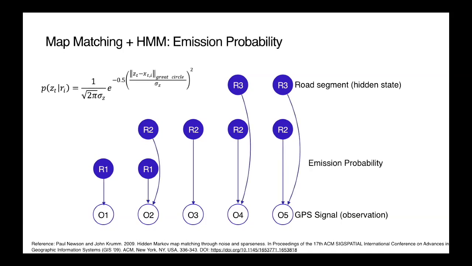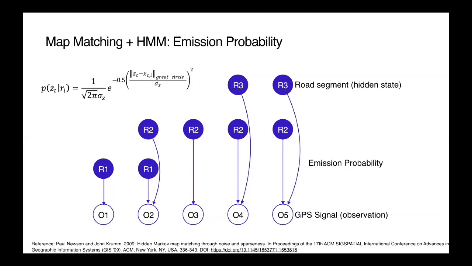Next, we need to compute the emission probability. The emission probability can be thought of as the probability of seeing a particular GPS signal while the car was traversing a road segment. For example, the emission probability corresponding to R3 and O5 would be the probability of seeing the GPS signal O5 if the car was traversing the road segment R3. Intuitively, this probability would be higher if the GPS signal is closer to the road, and it should start decreasing the further away from the road you are.